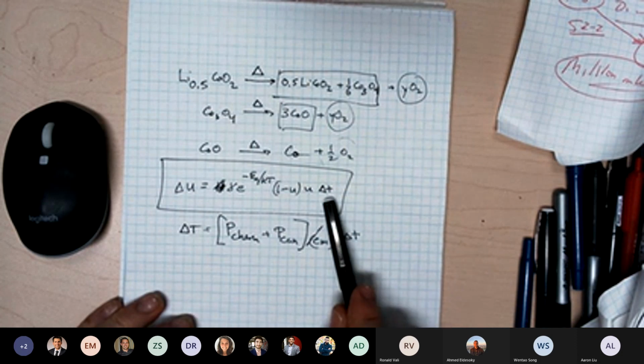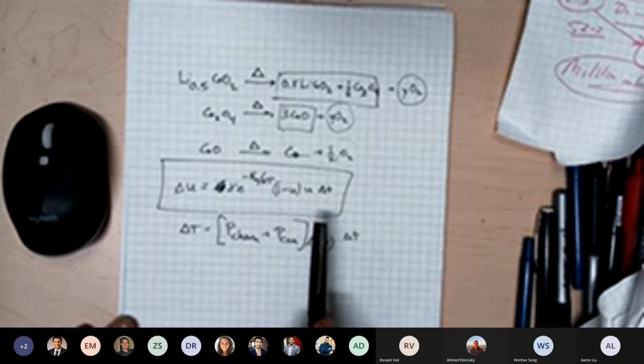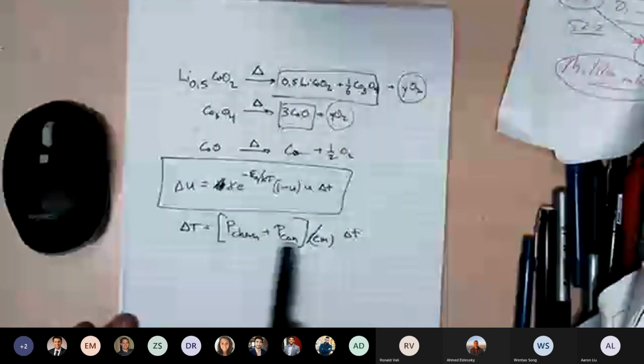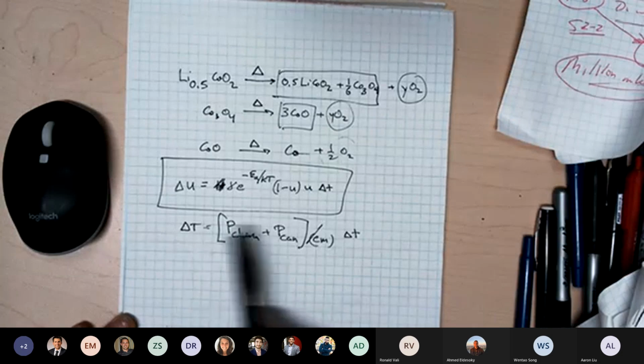So for a small time step, you calculate the change in U. You calculate all these other things. You calculate the change in temperature that takes place in that time step.